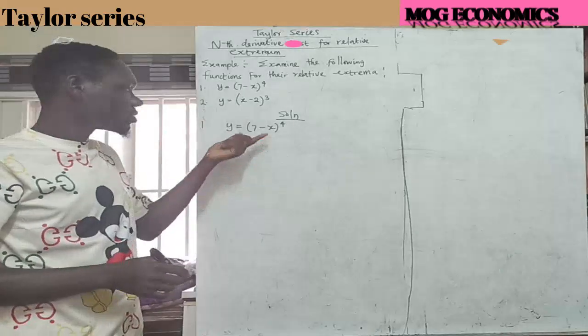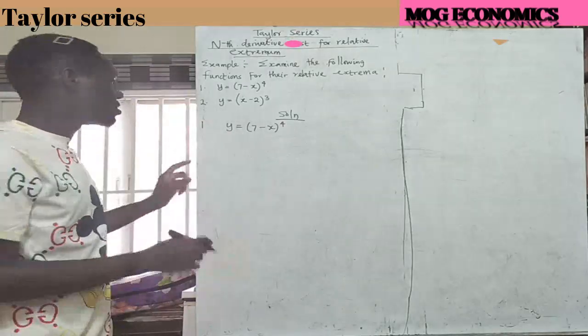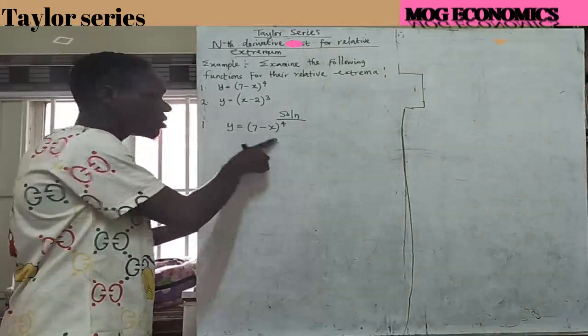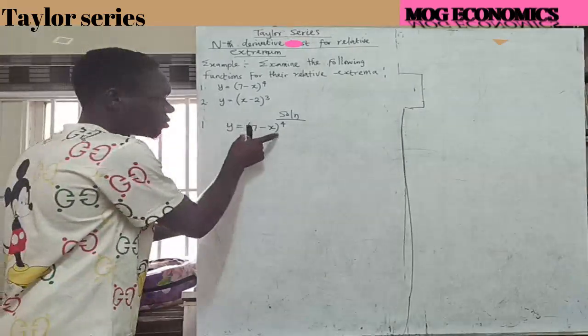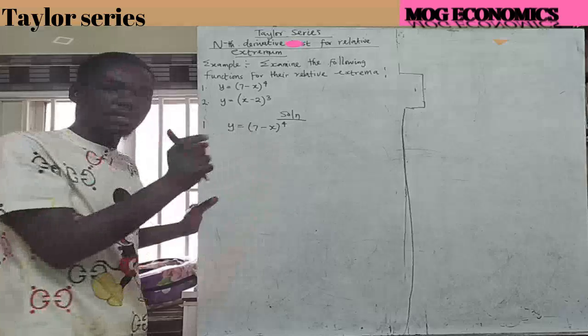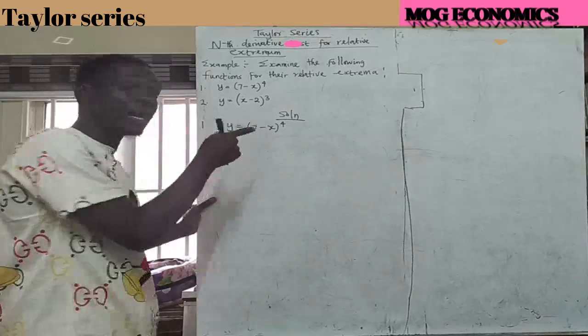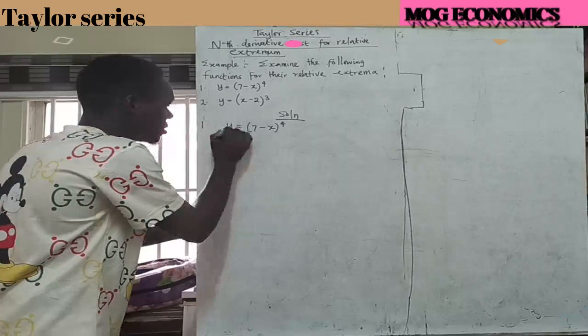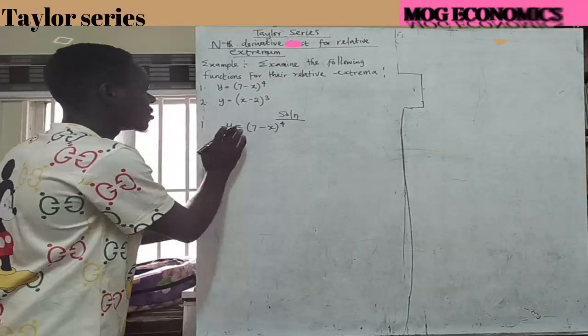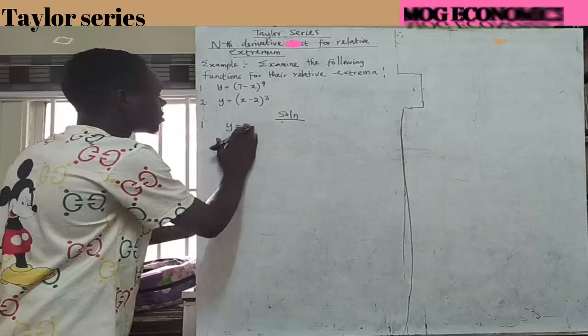to test for stationarity, the first thing is we evaluate this function at 0, and by doing so, it means we are taking the first order differentiation.